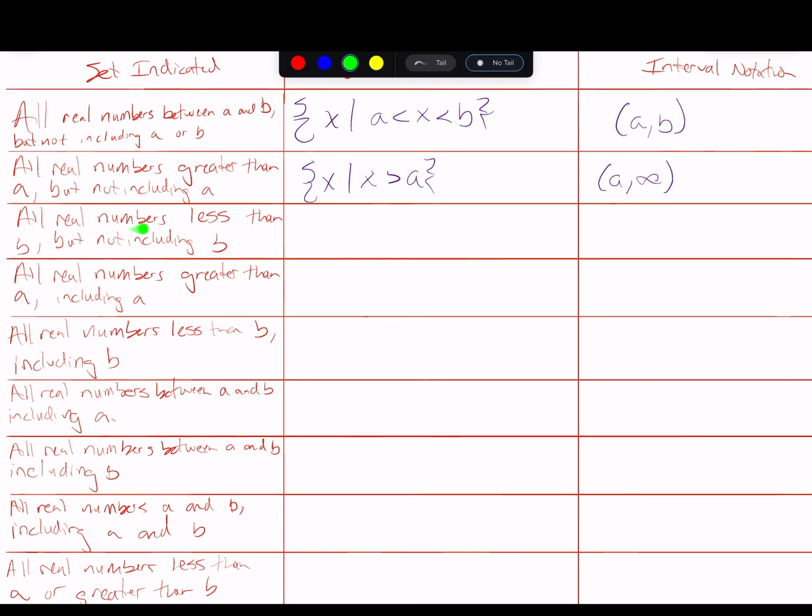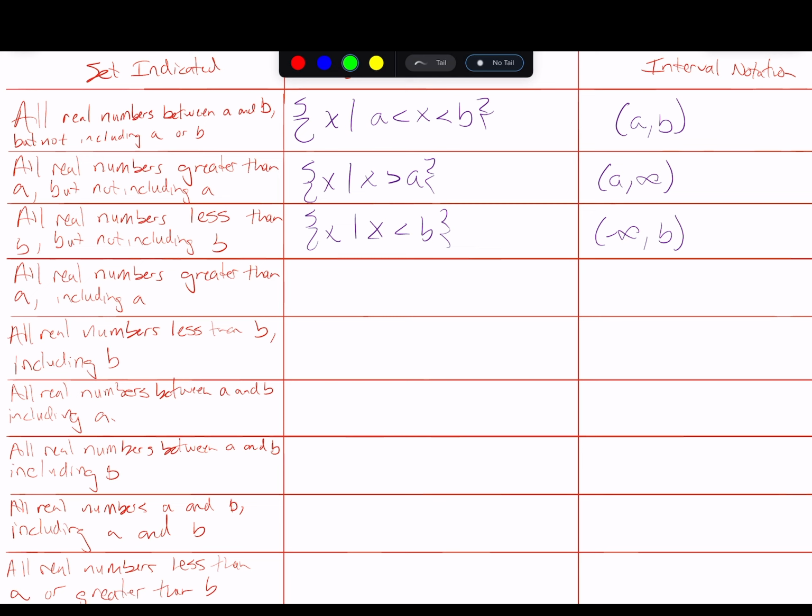All real numbers less than b, but not including b. Okay, that gives us the set of all x's such that x is less than b. In interval notation, that's negative infinity up to b, but not including, so we use a parenthesis.